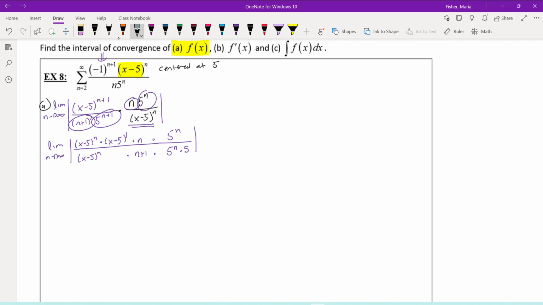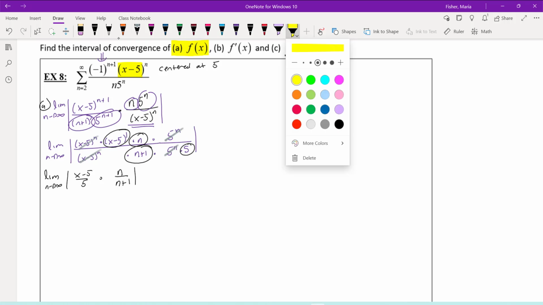So your (x minus 5) to the n's will cancel. Your 5 to the n's will cancel as well. And all you're left with is an x minus 5 over 5. And then for your n's, an n over n plus 1. Well, the limit as n goes to infinity of the absolute value of x minus 5 over 5 times n over n plus 1.